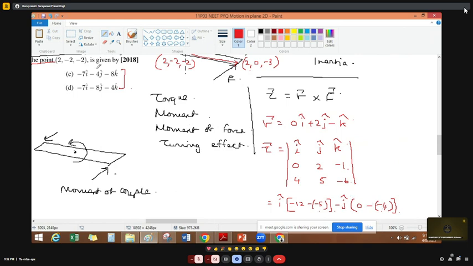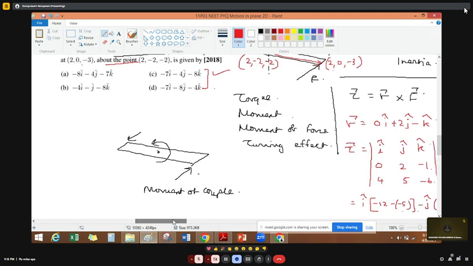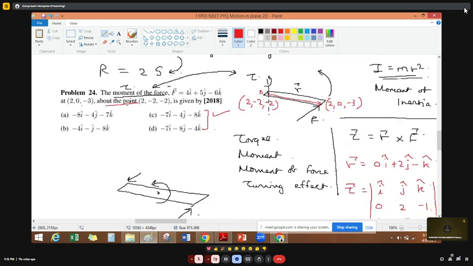So minus 4 means this one. So that means this is the correct answer. So I don't have to do the K part. If you have time, just for double checking, you can do it. Otherwise, the important part is anybody can do this, but you should know moment means torque. Otherwise, you cannot do it.